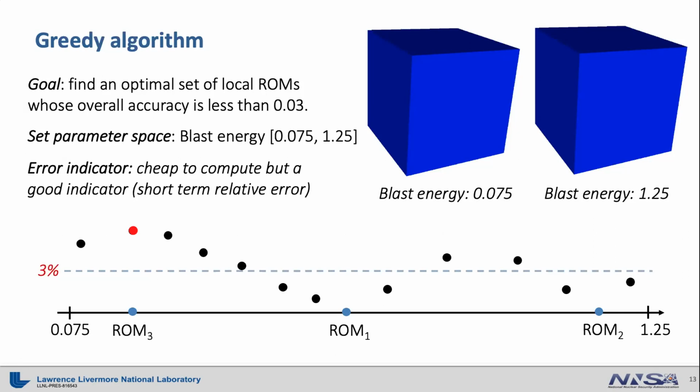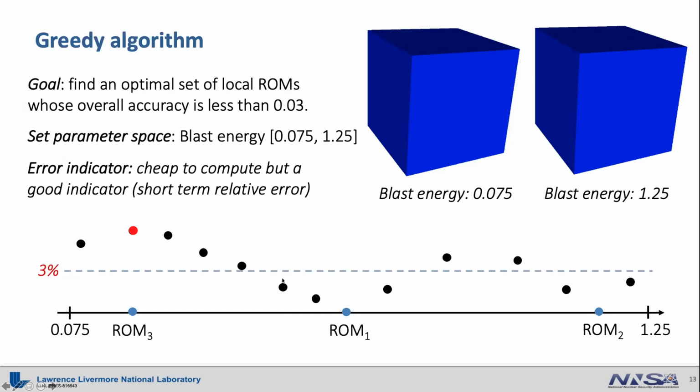As you can see, if we have only one local ROM, the error indicator is the most accurate at that point, and away from that point, the error indicator is increasing. So if you set your target accuracy level to be 30%, then you decide the trust region of that local ROM to be any neighbor which achieves the target accuracy less than 30%.